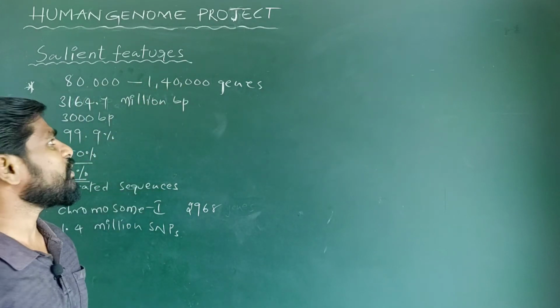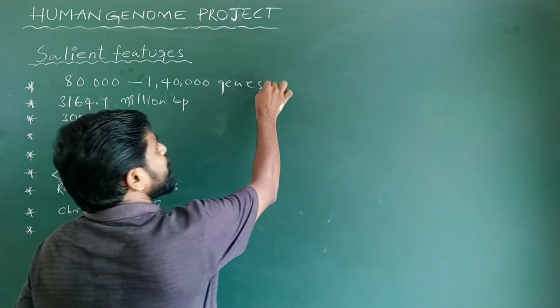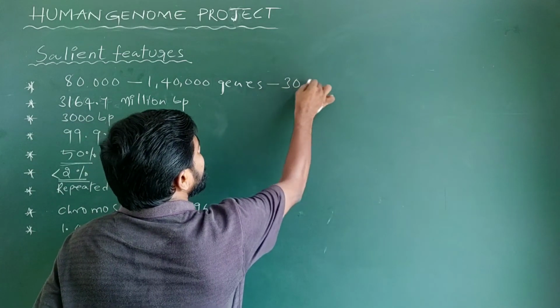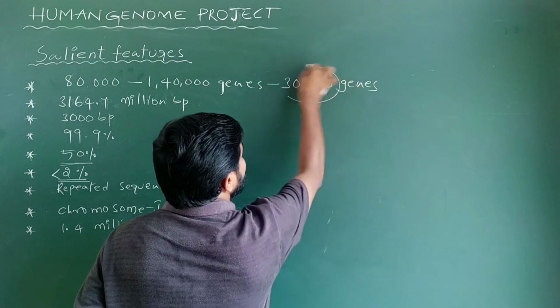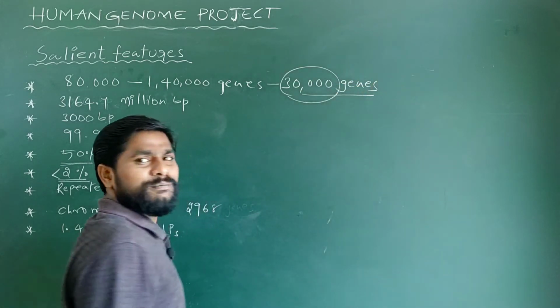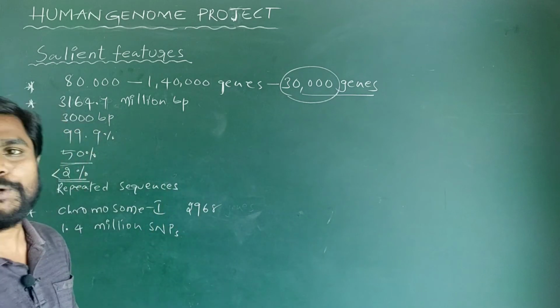Finally, the Human Genome Project has revealed that the human genome consists of only 30,000 genes. This is the fact revealed by Human Genome Project.